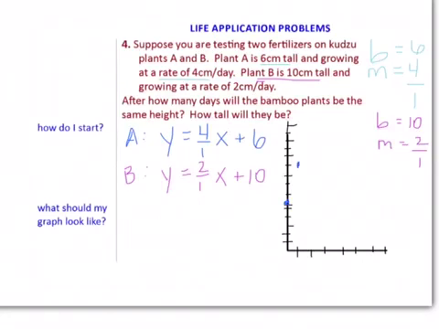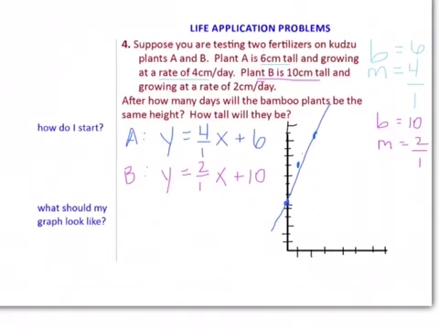And I can keep making points, and I go up 1, 2, 3, 4 over 1. So I'm going to get some line. It's not that pretty, but we're going to learn how to do this on the calculator too. So they'll make really pretty graphs.